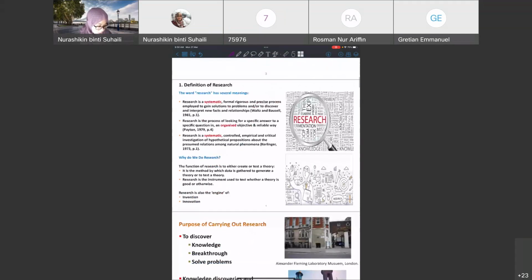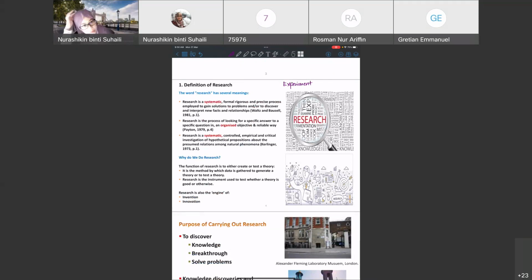Okay, so we talk about research. Okay, research ni adalah what is the difference between research and experiment? Can anyone tell me? You have been doing lots of experiments, right?